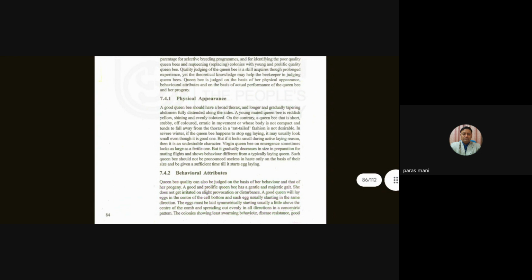The abdomen will be broader and shorter. Such kinds of queens must not be selected. A good quality queen must have a broader thorax and a longer, gradually tapering abdomen, fully distended along the sides.